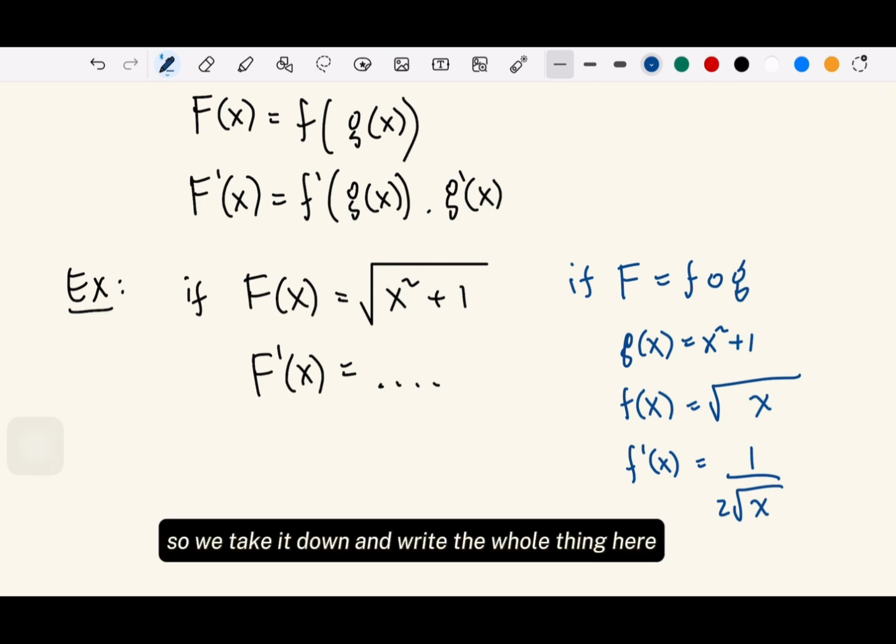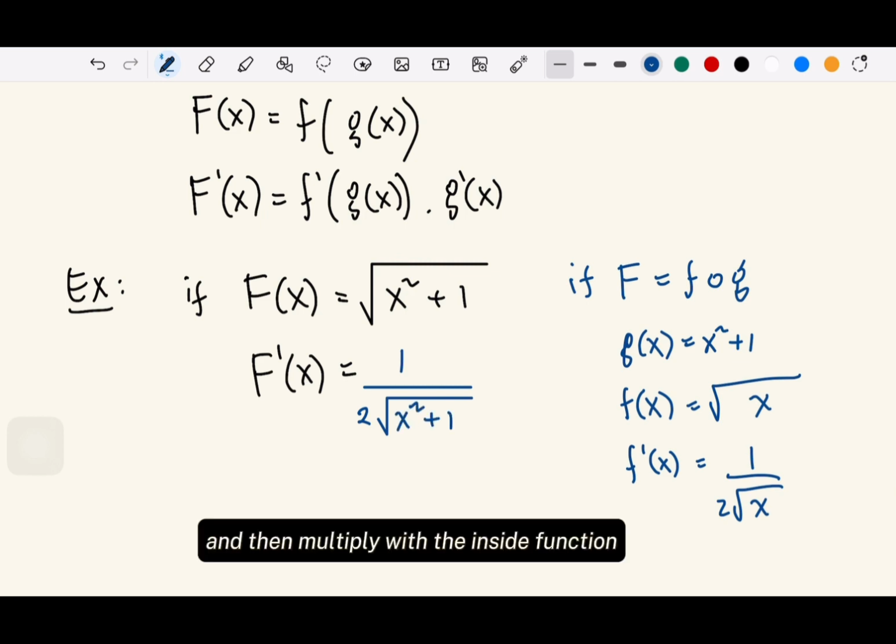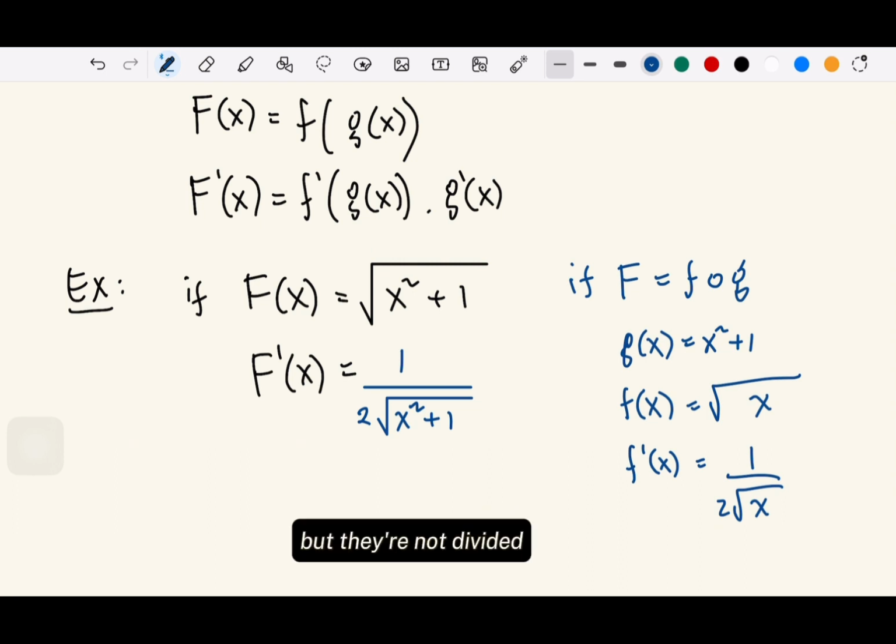So we write the whole thing down, and then multiply with the derivative of the inside function, which is x squared plus 1.